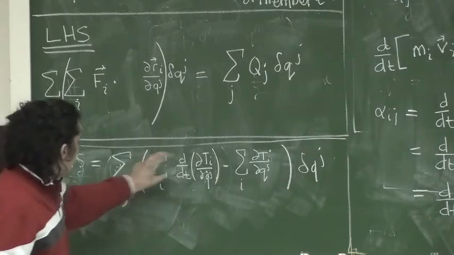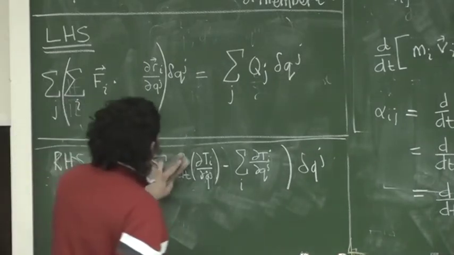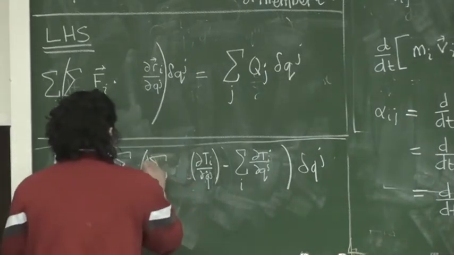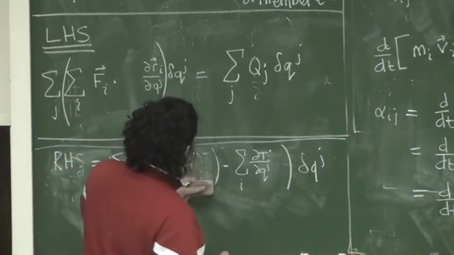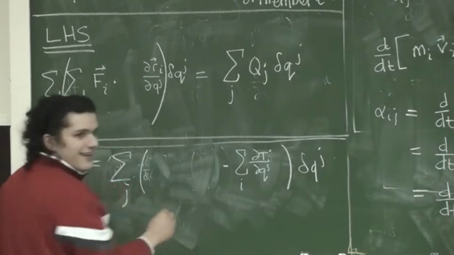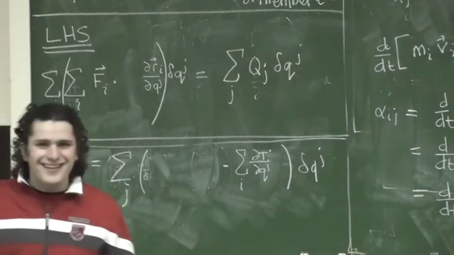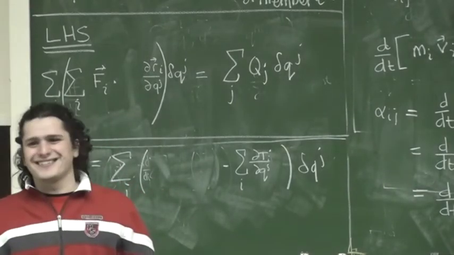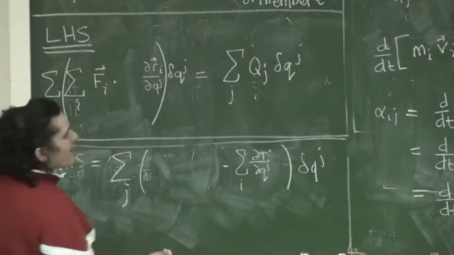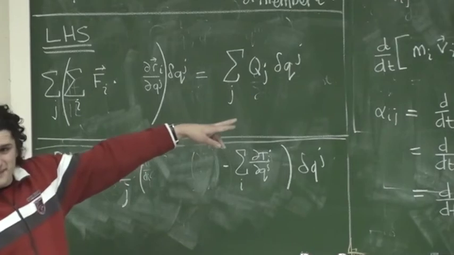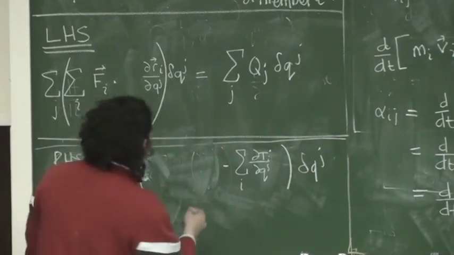Now, if I take the d by dt out of the sum, which I can, and in fact I can even take all the derivatives out of the sum, so let's do this. I have to erase this stuff then. Is that okay? Alright, so I'll write this out.